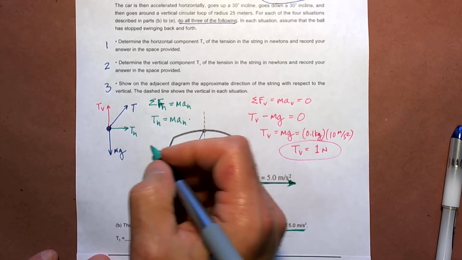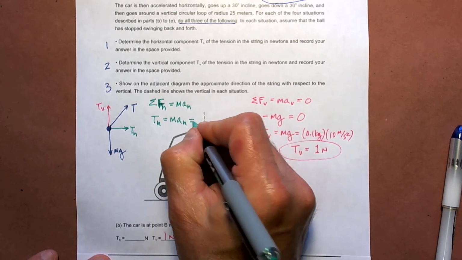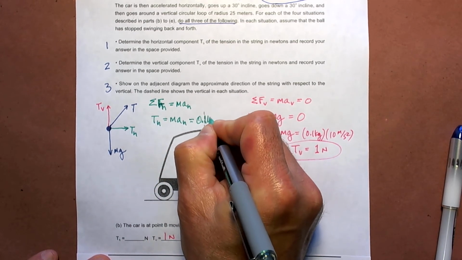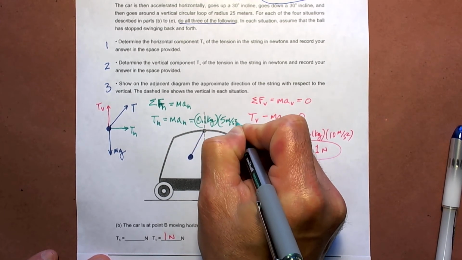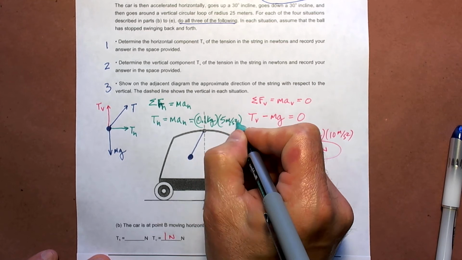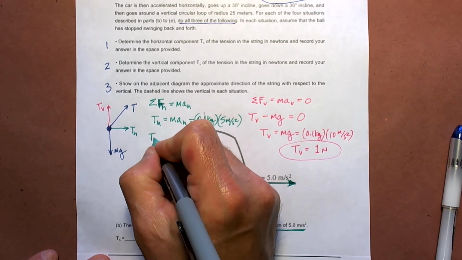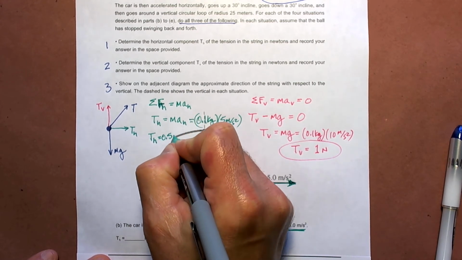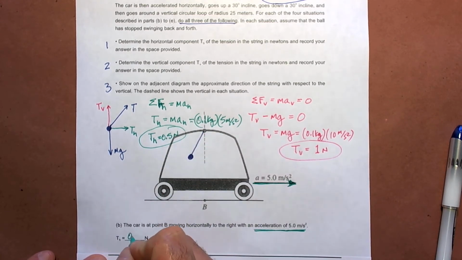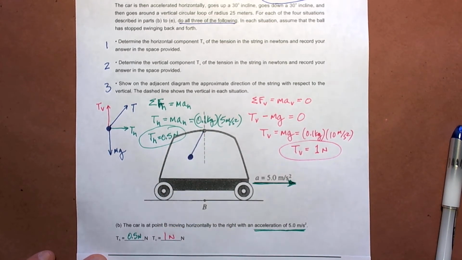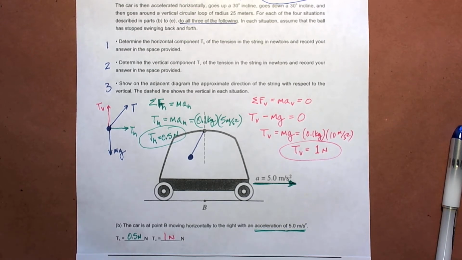TH equals 0.1 kilograms times 5 meters per second squared, and 0.1 times 5 means TH is going to equal 0.5 newtons. So we're going to plug in 0.5 newtons. I guess I didn't need the newtons, but that's okay.